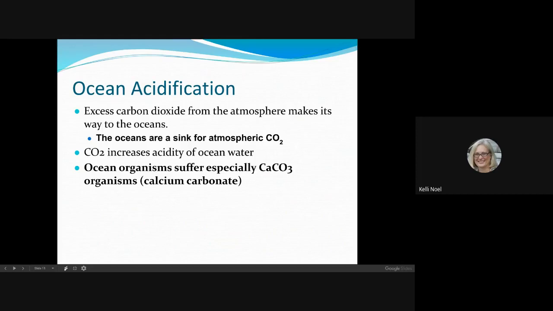So things like clams, oysters, their shells get thinner and softer because of the acid that's in the oceans.